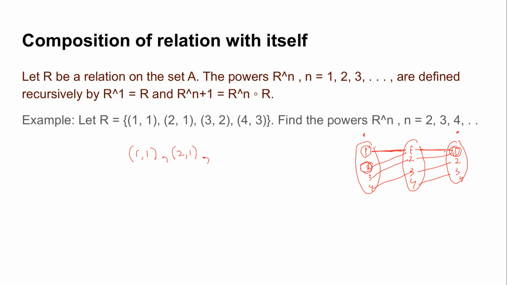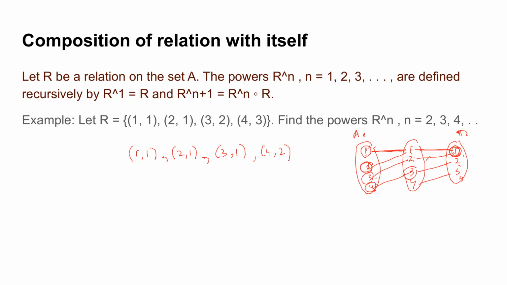Simply draw the relation using arrow diagrams and see what are the paths from the first set to the last set via B. Similarly, I have 3, 2 and 1, so the endpoints are 3 and 1. Similarly, I have 4, 3 and 2, so endpoints are 4, comma 2. Are there any other paths from the first disk to the last disk via B, Tanya?